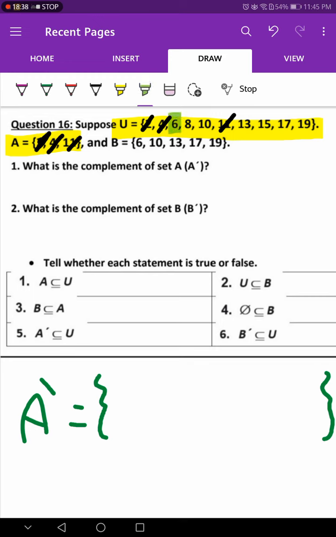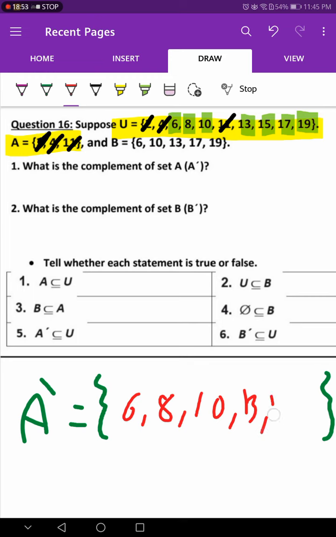I have 6, 8, 10, 13, 15, 17, 19. I write them here: 6, 8, 10, 13, 15, 17, and 19. So this is the A complement.